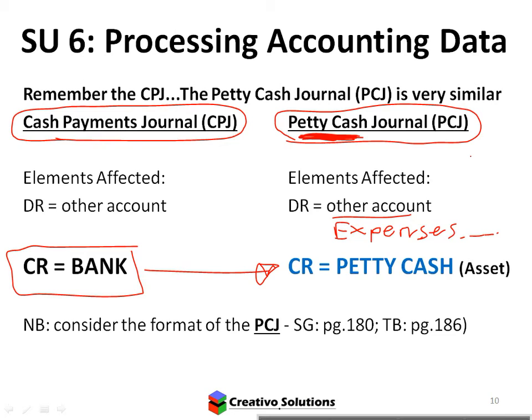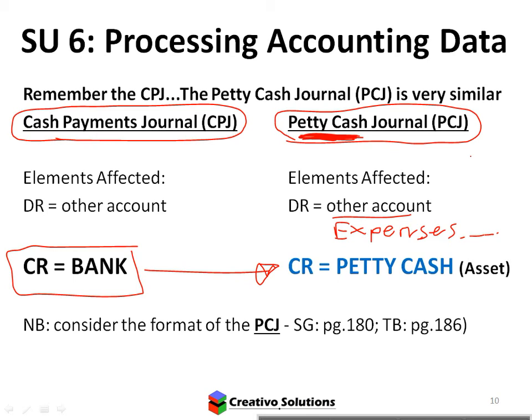You're not really going to see other accounts there, unless they give you things like maybe you're paying off some liability. So you're paying a creditor maybe, or you're paying off a little loan, okay, a small loan, a micro loan, or one of those small loans. Okay, but majority in terms of examples would probably be looking at expenses.